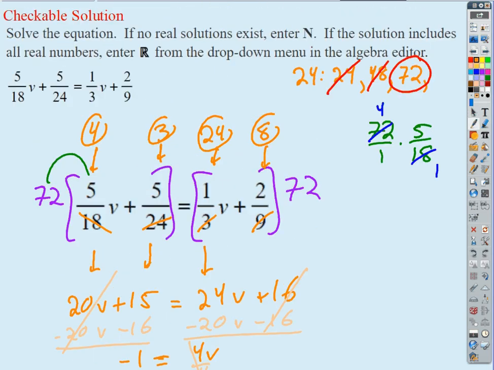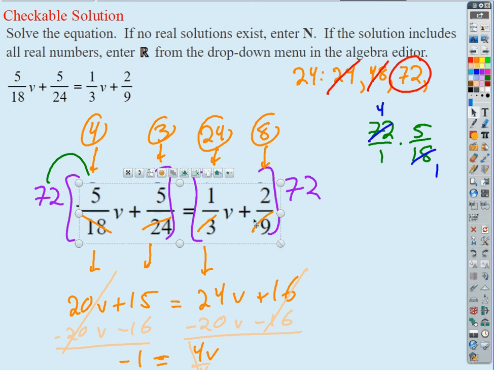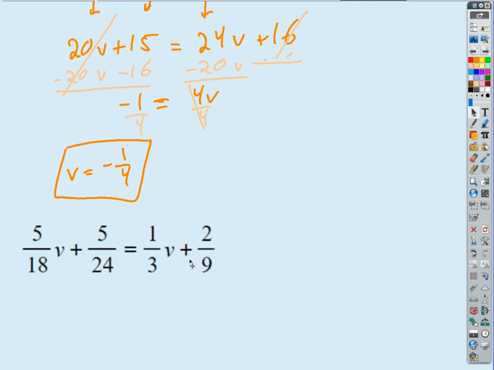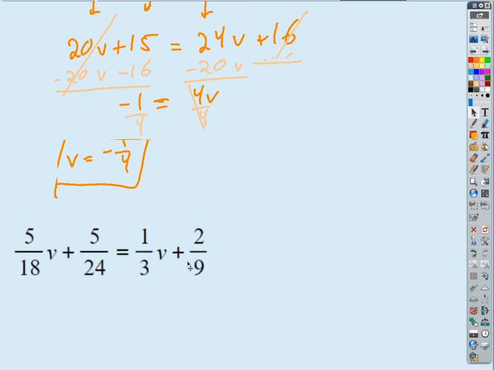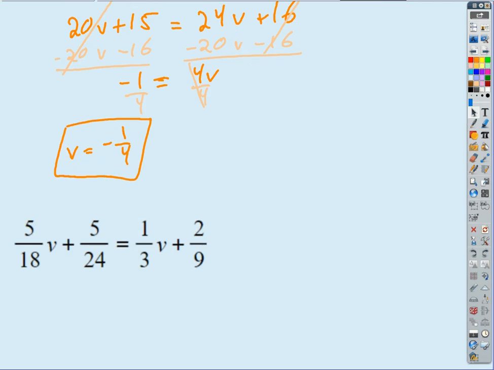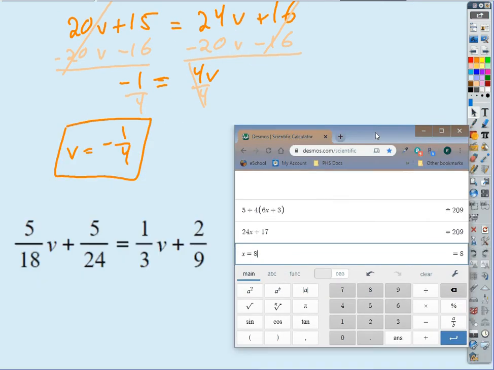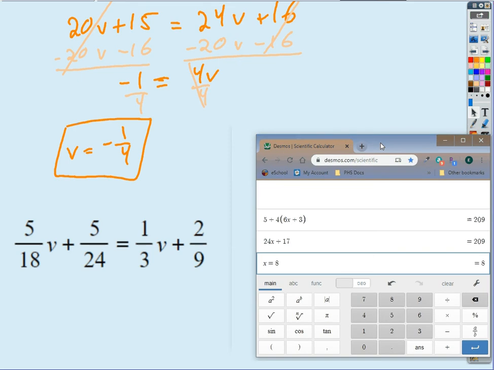Okay, let's check that in our original equation, and let's go ahead and use our Desmos calculator to do that. So you tell me, what am I going to do in Desmos now? Good.